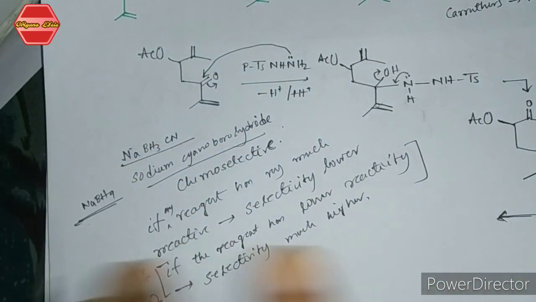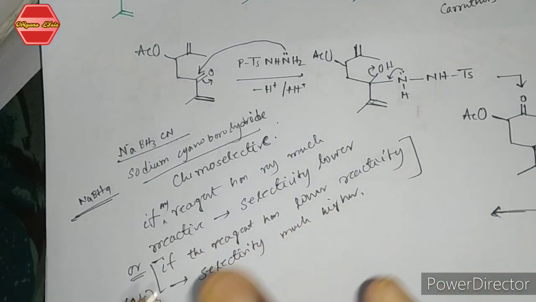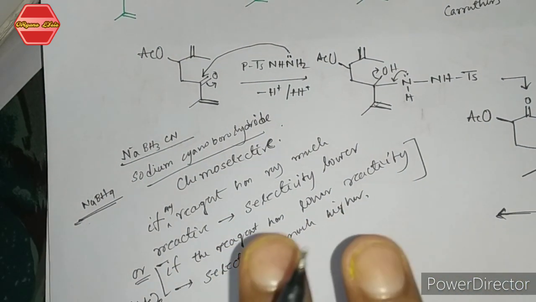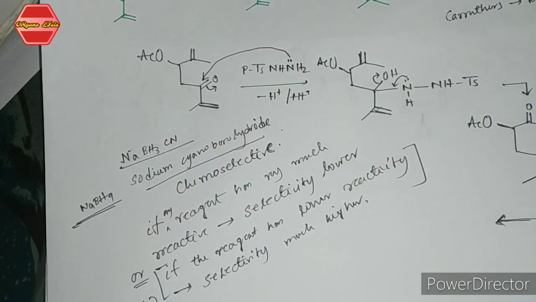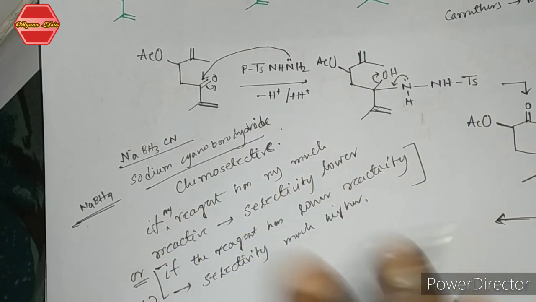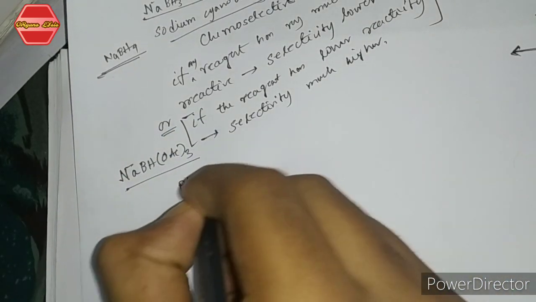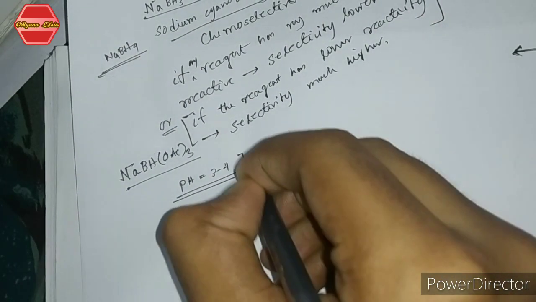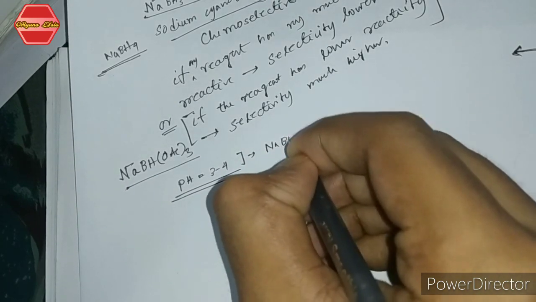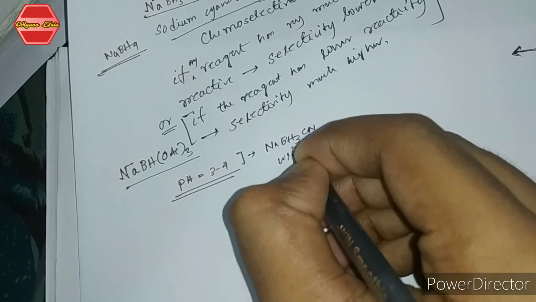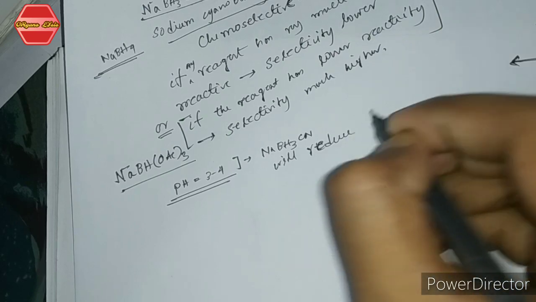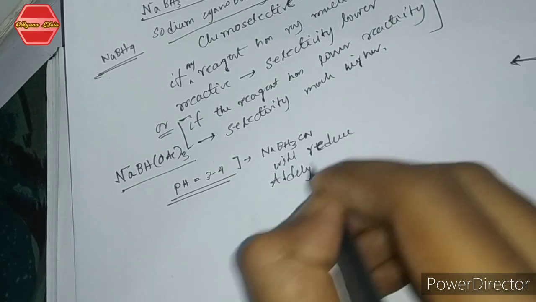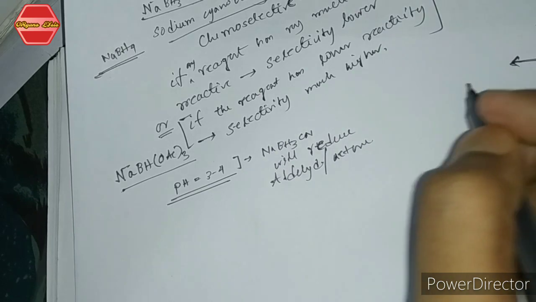But if the pH is lowered, that is pH 3 or 4, there is protonation of the carbonyl group, and then the reduction will proceed. At this pH 3 or 4, this sodium cyanoborohydride will reduce the aldehyde or ketone.